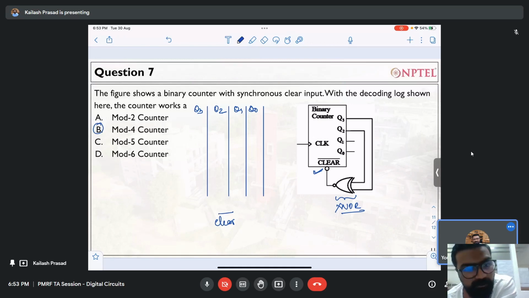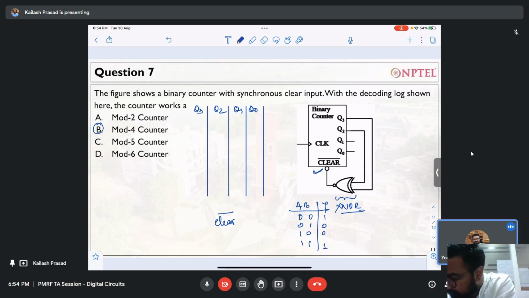So I'm just writing the truth table of the XNOR gate, A, B, Y: 0, 0 gives 1; 0, 1 gives 0; 1, 0 gives 0; 1, 1 gives 1. So when both the inputs of XNOR are 0, 0, the output will be 1, and when the input is like 0, 1 or 1, 0, the output will be 0, right?